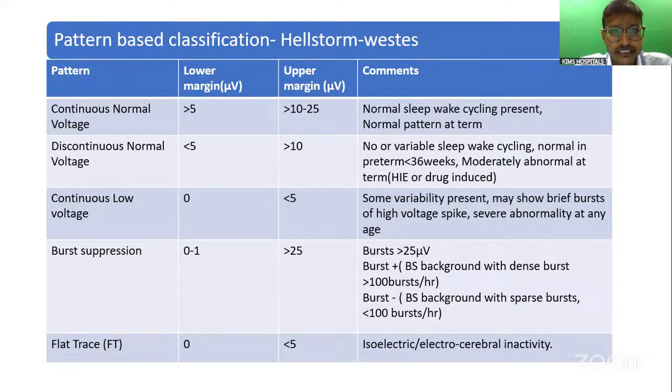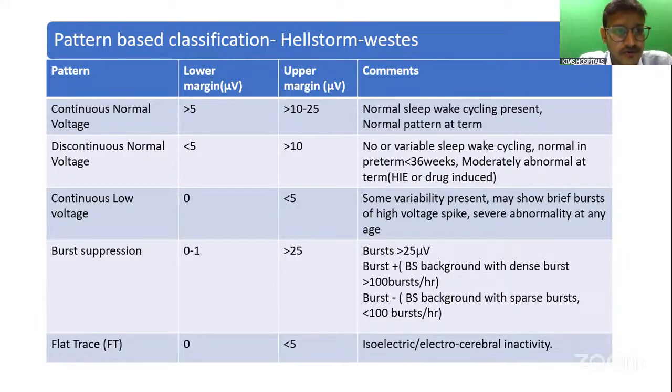If the lower margin is less than 5 and the upper margin is more than 10, it is discontinuous normal voltage. Continuous normal voltage is a normal pattern in term neonates and certain preterms, whereas discontinuous normal voltage is slightly abnormal. It is seen in mild encephalopathy and certain late preterms or moderate preterms.